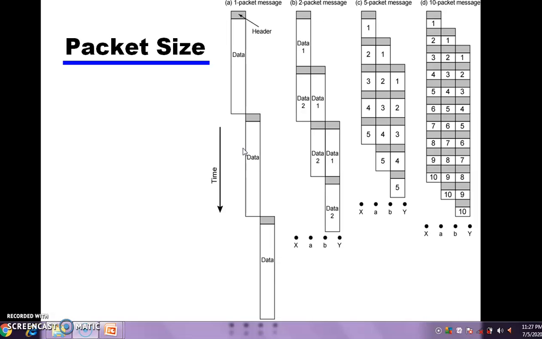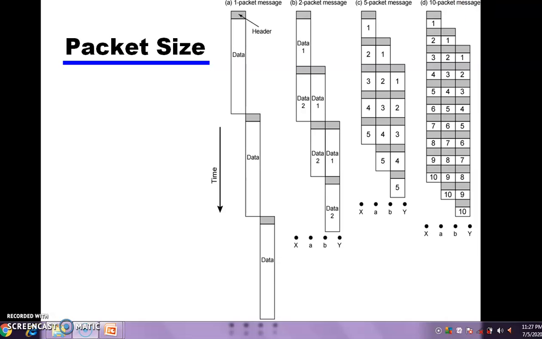By breaking the message up into 5 packets, each intermediate node can begin transmission even sooner and the savings in time is greater, with a total of 77 octet times for transmission. However, this process of using more and smaller packets eventually results in increased rather than reduced delay, as illustrated in figure D. See here, if you are using 5 packet messages, the transmission time is less than 2 packet messages.